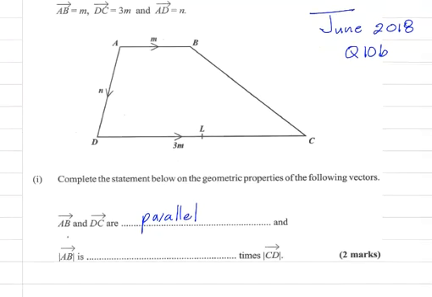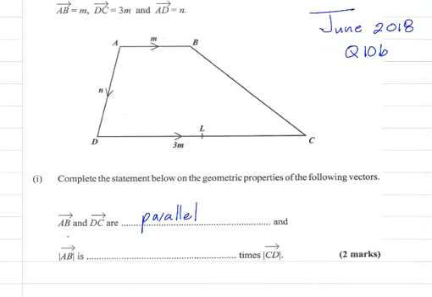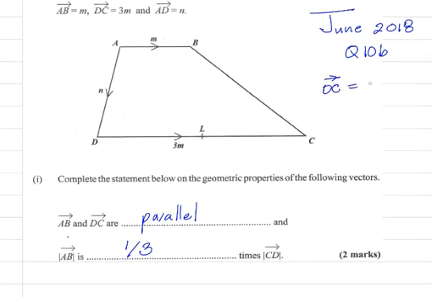And the magnitude of the vector AB is one third times the magnitude of the vector CD. The vector DC is equal to 3 times the vector AB.